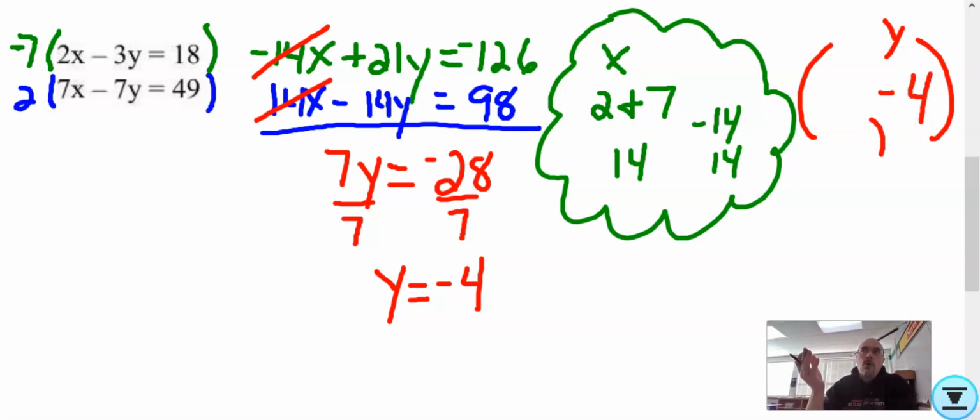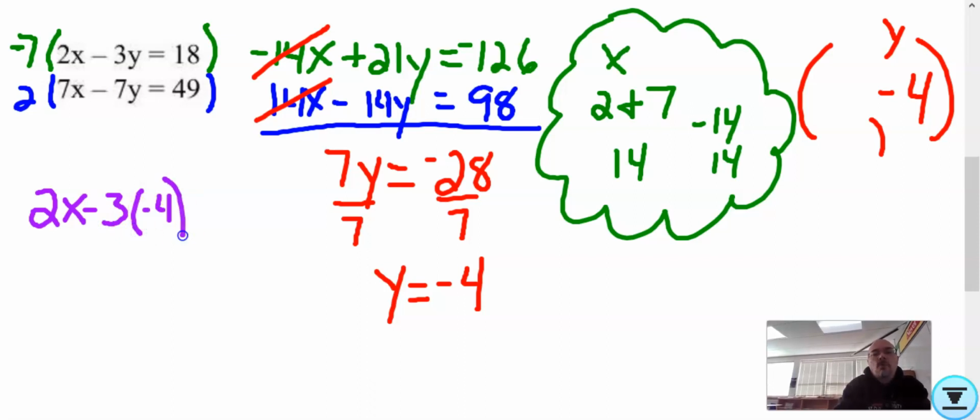Now I take that number and plug it into either original equation, and I'll find my other one. I'm just going to pick the top one again. So I've got 2x minus, I'm going to replace the y with negative 4, and I'm going to use my algebra and solve it.